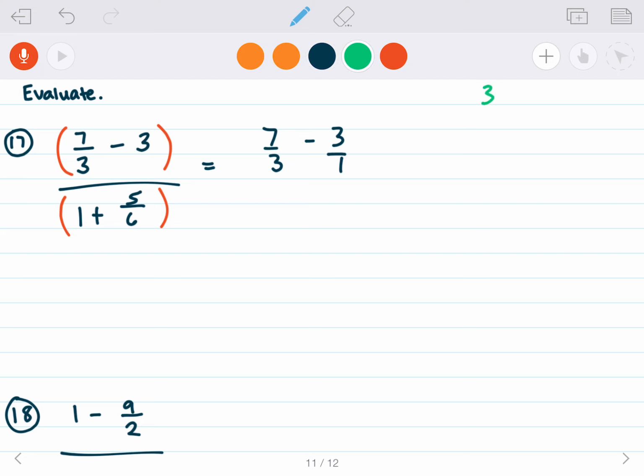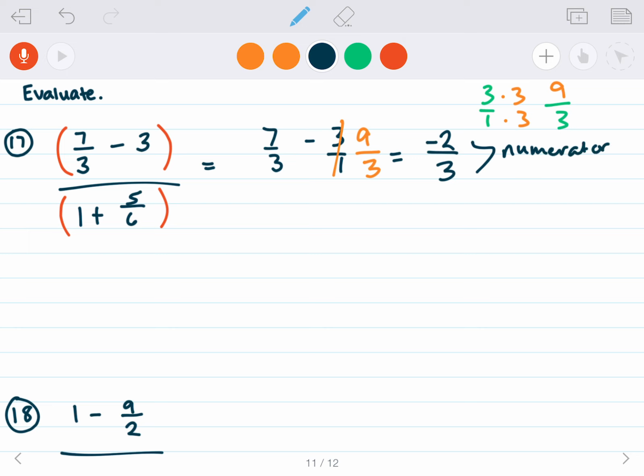So I can change 3/1 to have a denominator of 3 by multiplying top and bottom by 3. So 3/1 is secretly 9/3. And if I subtract the top, 7 minus 9 is going to give me -2 on top, and I have 3 on bottom. So this is my numerator, this becomes -2/3.